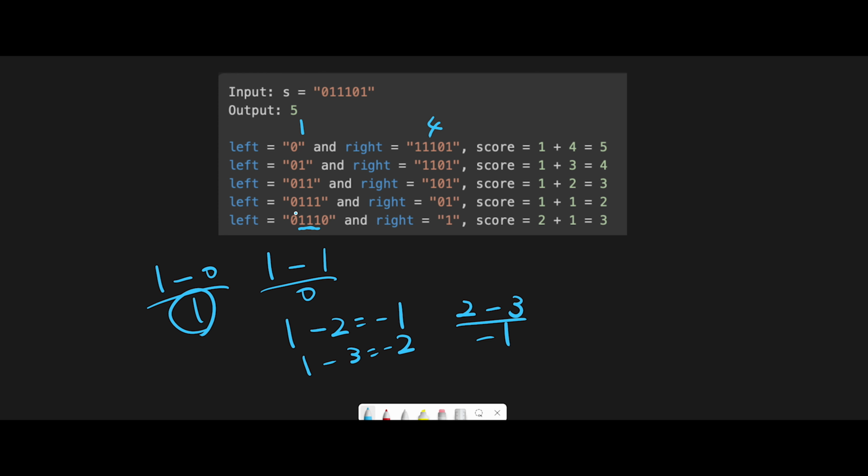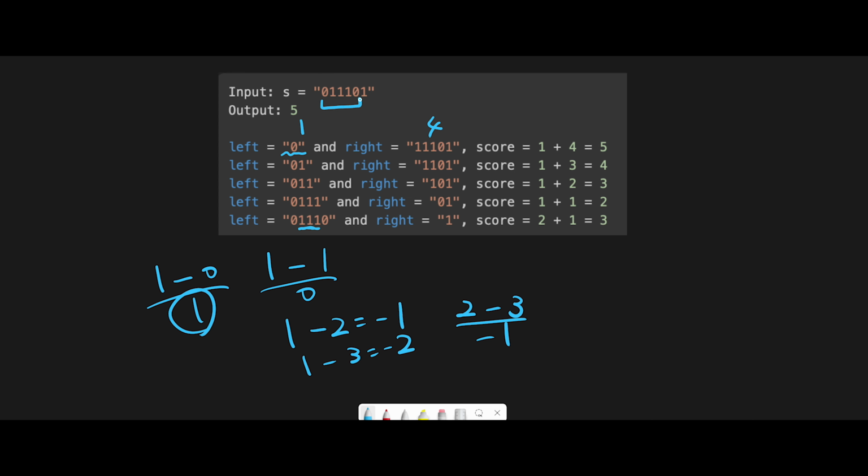So in the end, we know that this left substring is actually best. Okay, so now we checked all possible left substrings, right? The range should be from the beginning to before the last. That's because the last position is definitely on the right side, right? So now we know that we have 2, 0 and 3, 1, right?